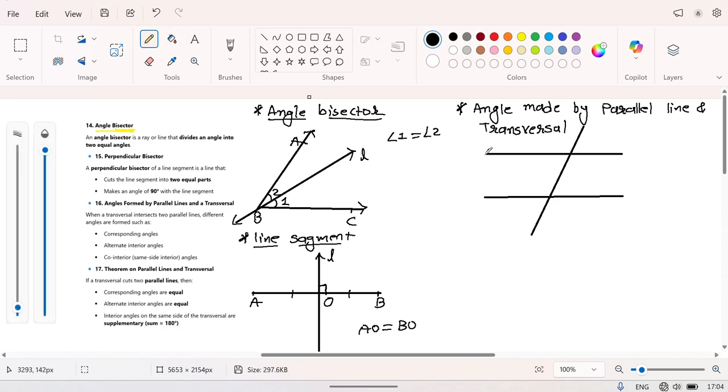Let's give names to those lines. Suppose this is line AB and this is line CD.